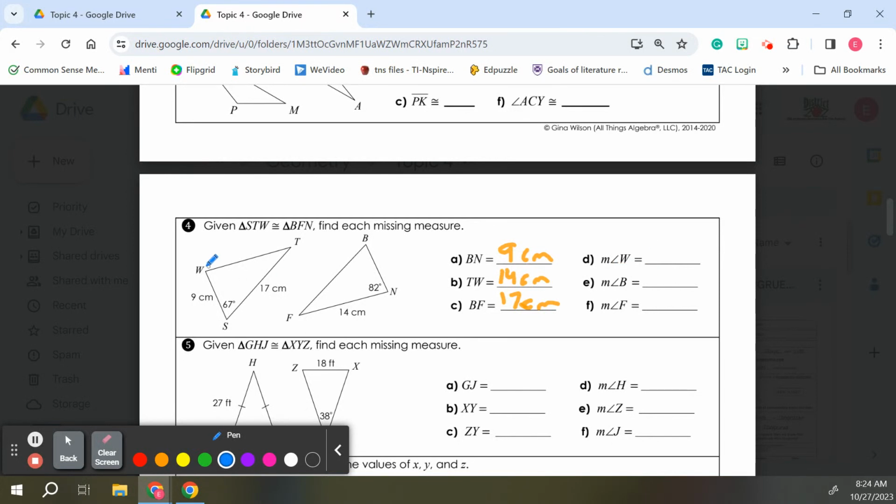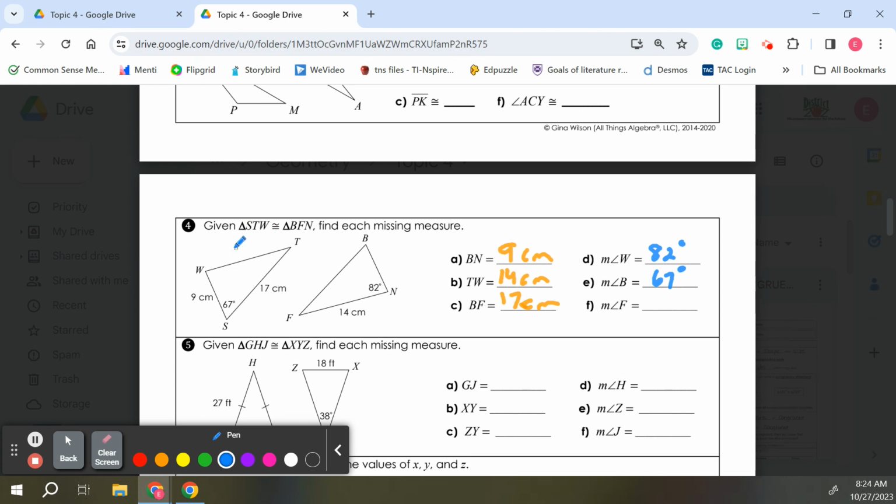Now the measure of angle W is lining up with the measure of angle N. Angle N is 82 degrees, so this is also 82 degrees. Angle B lines up with angle S, so that ends up being 67 degrees. And angle F lines up with angle T, but we don't have a measure for angle T. So what do we do here?